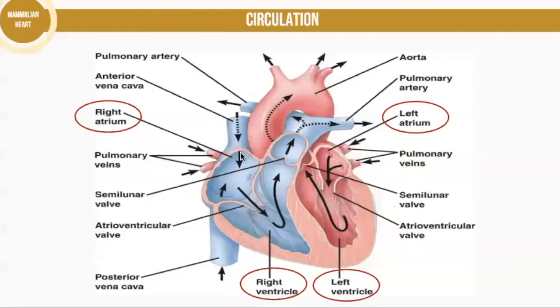Next, we will discuss the circulation of blood in the mammalian heart. So first, you have your right atrium. So the right atrium receives blood from the anterior vena cava and the posterior vena cava. The anterior vena cava, also called superior vena cava, drains unoxygenated blood from the upper organs.